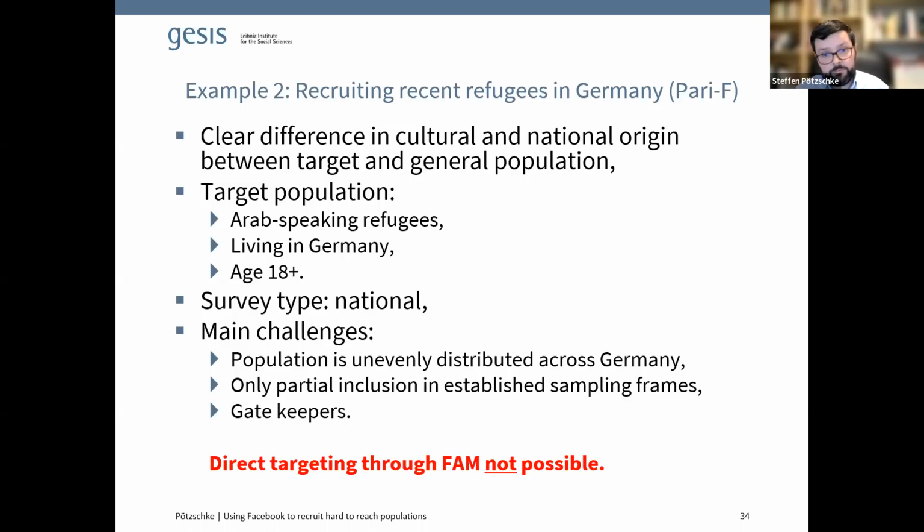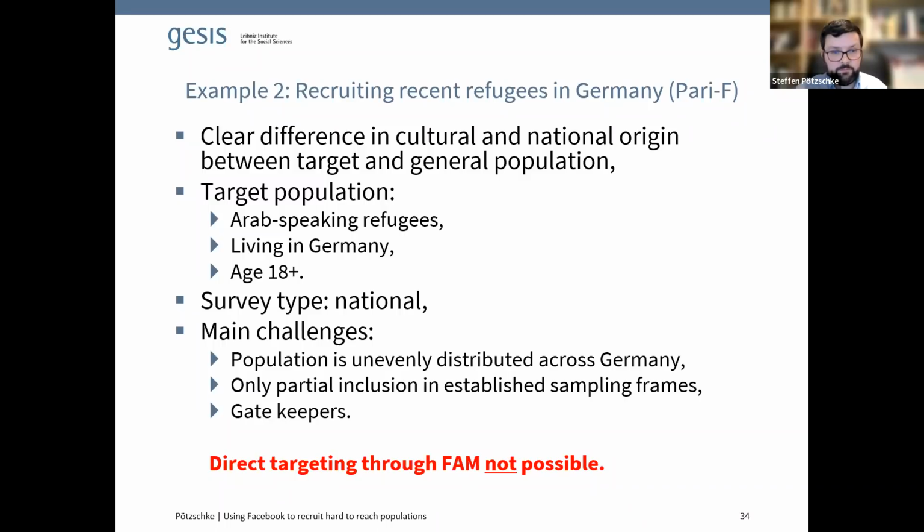So if we wanted to do, for example, location sampling, which is often done, then we probably could not sample people in the whole country, as we would have to send interviewers to different locations, and this gets very expensive very fast. Refugees are only partially included in other established sampling frames, and there's always the danger of gatekeepers. And of course, there are other limitations.